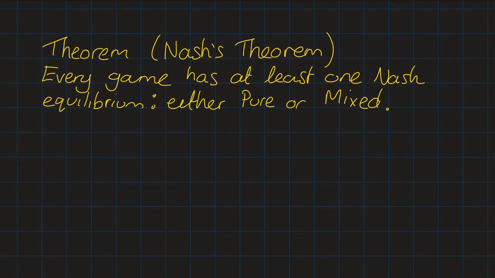The theorem is quite short and simple, but it's quite powerful and useful a lot of the time. The theorem simply says that every 2x2 game between two people has at least one Nash equilibrium, either pure or mixed. Okay? And an important thing to note here is the following.